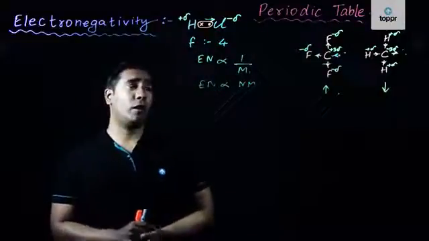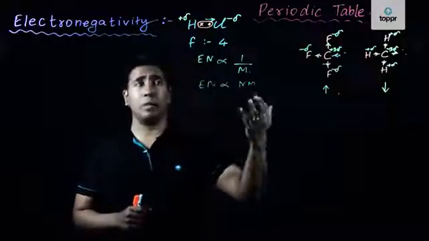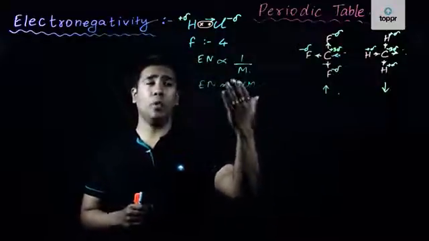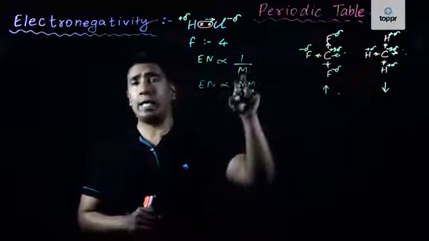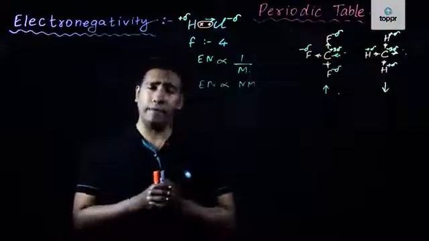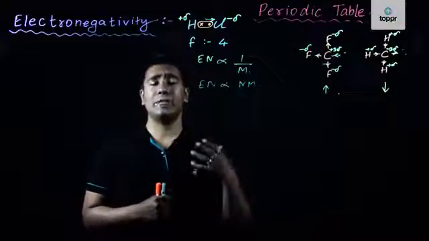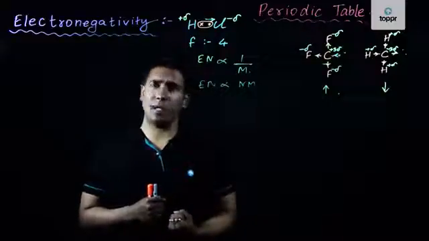We have non-metals like chlorine and fluorine, which have a greater amount of electronegativity, and hence the more the non-metallic character, the more will be the value of electronegativity. The more the metallic character, like in the case of sodium, the electronegativity is very, very less, because it has very little tendency of accepting electrons or pulling electrons toward itself in a bond.